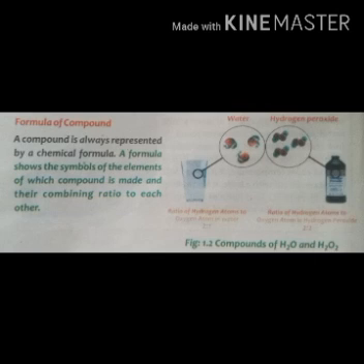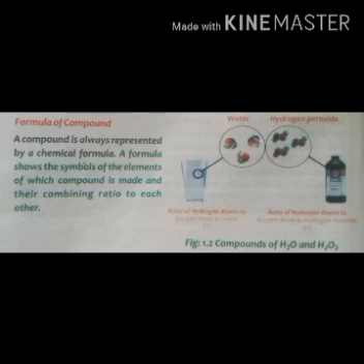Formula of a compound. Dear students, a compound is always represented by a chemical formula. And what is the purpose of a formula? A formula shows the symbols of the elements of which the compound is made and their combining ratio to each other. Just like in water, here we have a ratio of 2:1: two atoms of hydrogen and one atom of oxygen.